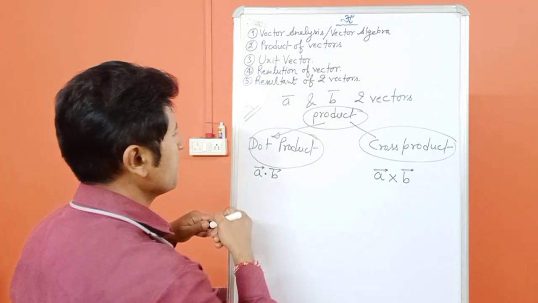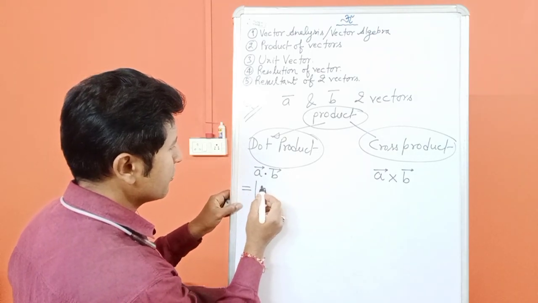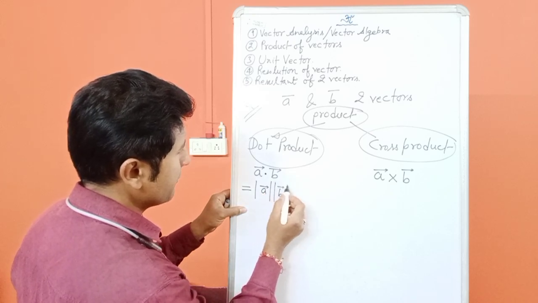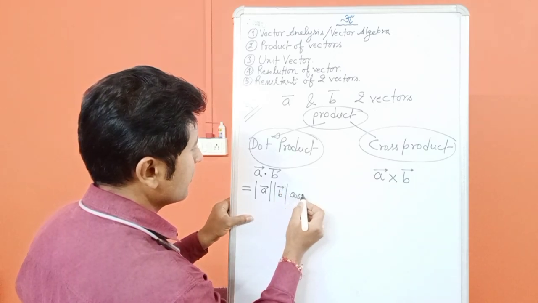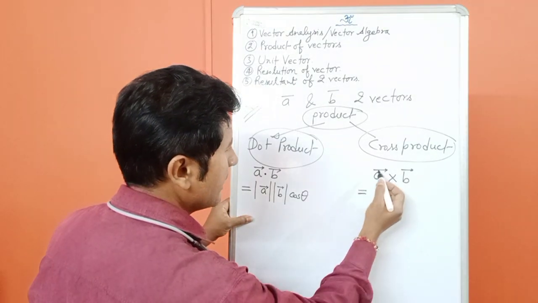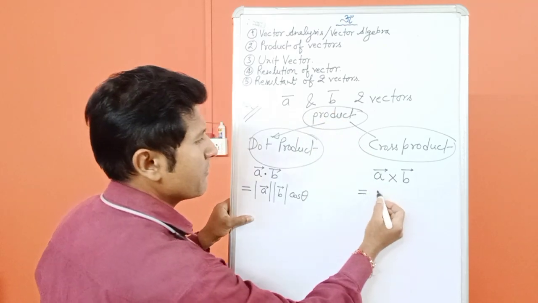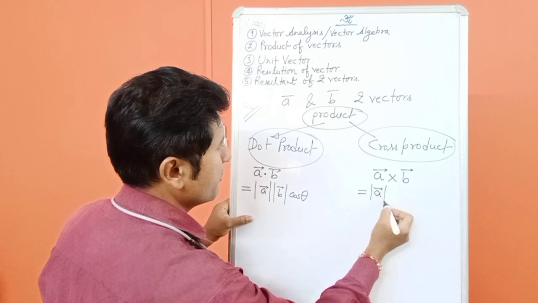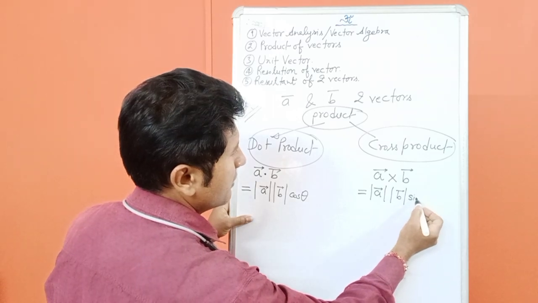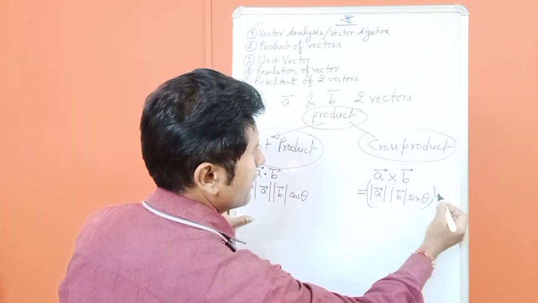Now dot product is defined as modulus of A, then modulus of B, then cos theta. However, A cross B, basically the cross product of two vectors A and B, is defined as, of course, modulus of A, then modulus of B, and sine theta, and then this entire value is multiplied with a unit vector, right?